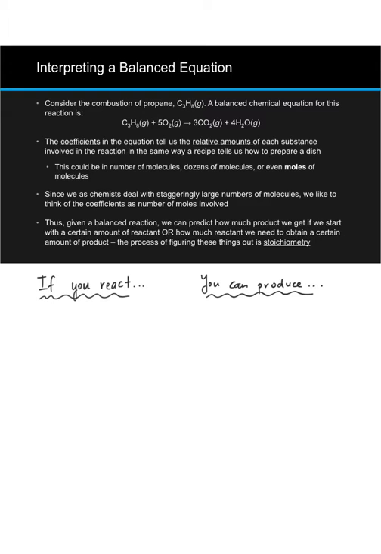Suppose that we react 1 mole worth of propane, C3H8, with 5 moles worth of oxygen, O2. Our balanced chemical reaction tells us to expect 3 moles worth of carbon dioxide and 4 moles worth of water.